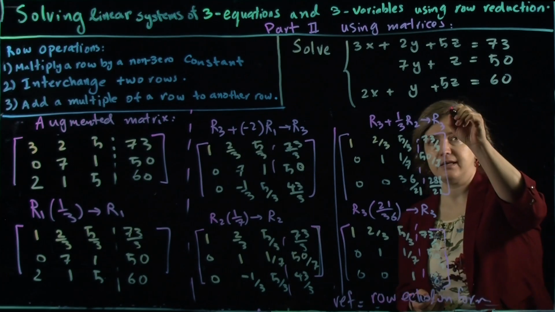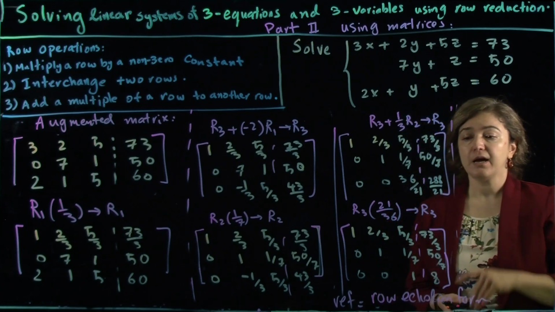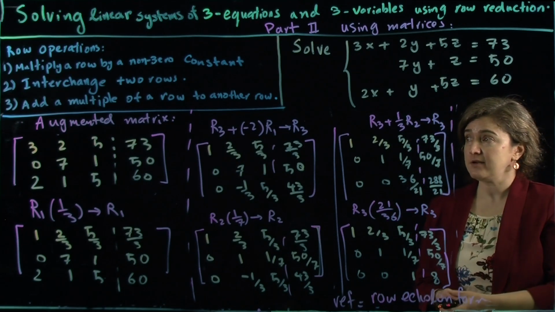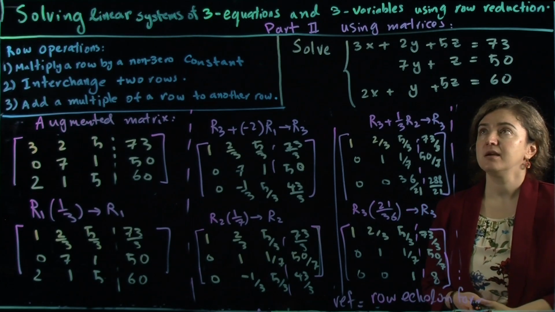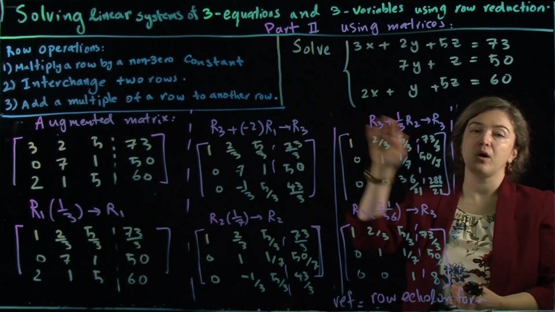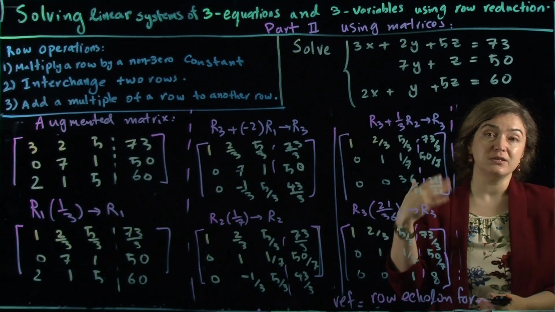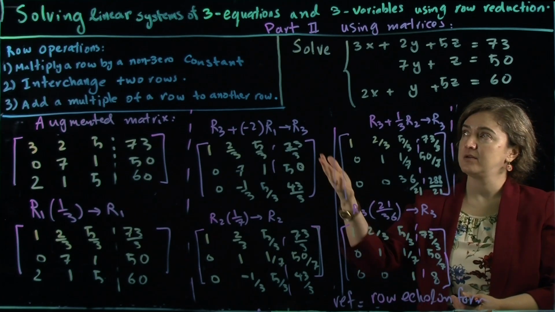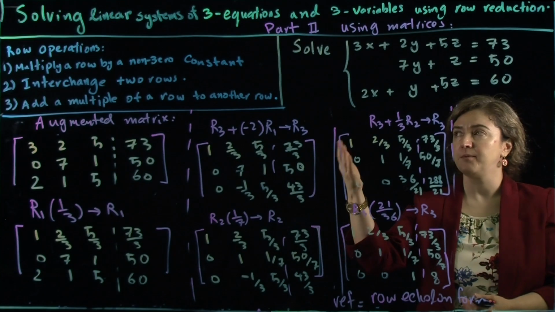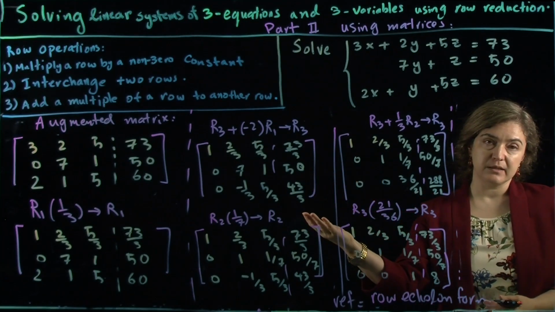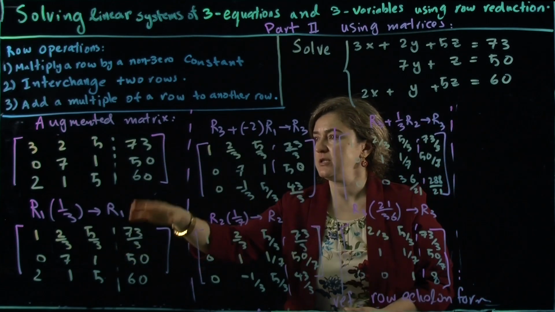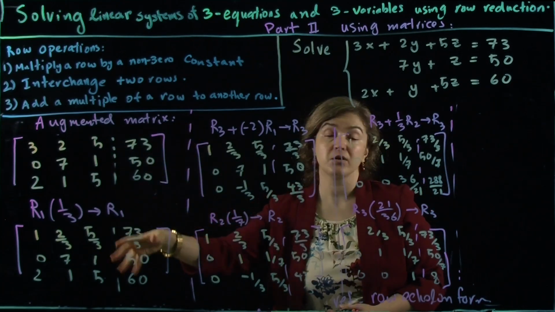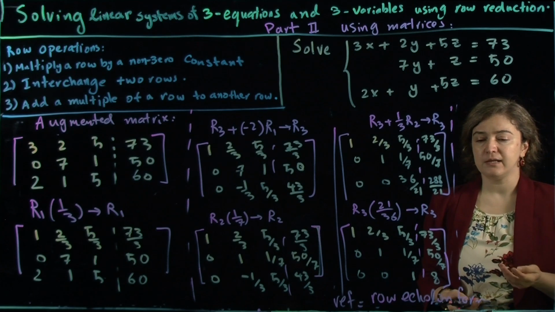Now, let's write that down. Another thing: as we did with systems of equations, every time we did some row operation, we called the new system a row equivalent system. Here, every time we do row operations, these matrices are going to be row equivalent matrices.